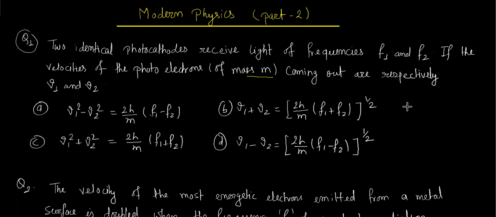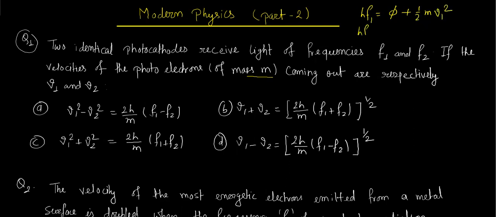Here, as we know from Einstein's equation, let me draw it and write here. For the first electron, the equation can be written as hf1 equals phi plus half m v1 square.